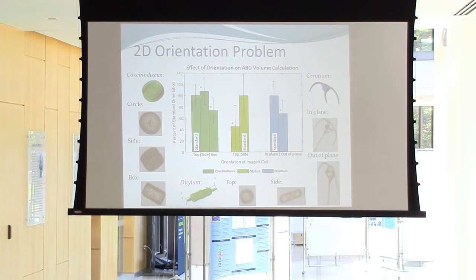And they're all very significant. And this is ABD. And you can see that there is a 50% underestimation if the orientation is wrong. So we can't actually use the ones here or the ones here in our volume measurements, simply because they are so different than if you get the entire plane of the cell in one picture.